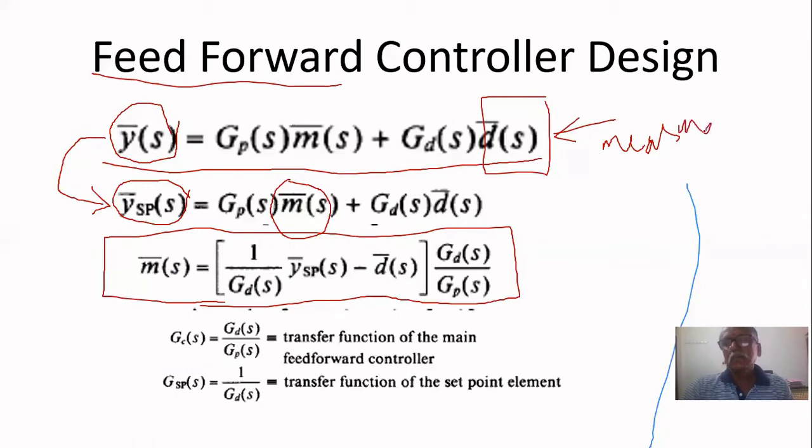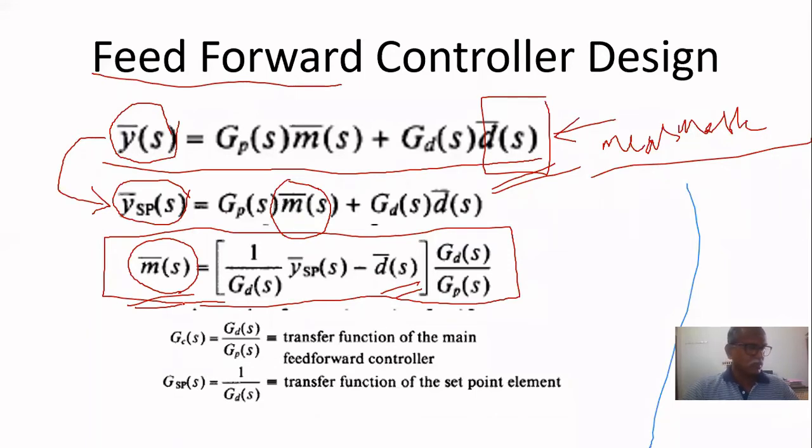Measurable disturbance. If it is a measurable disturbance, for that we can design, because it is on the right hand side. That's why it must be measurable. If we are having a measurable disturbance, then we can design a feed-forward controller that will reject the disturbance.